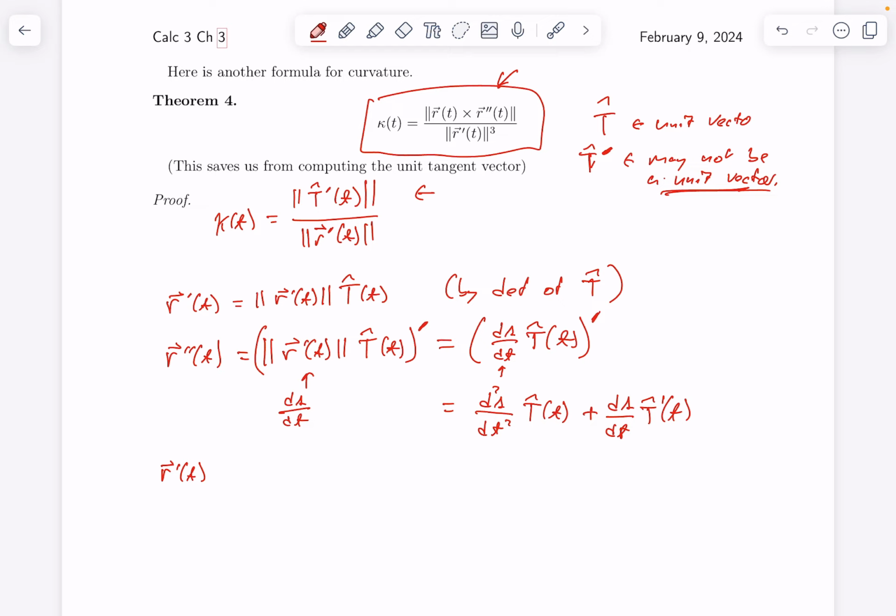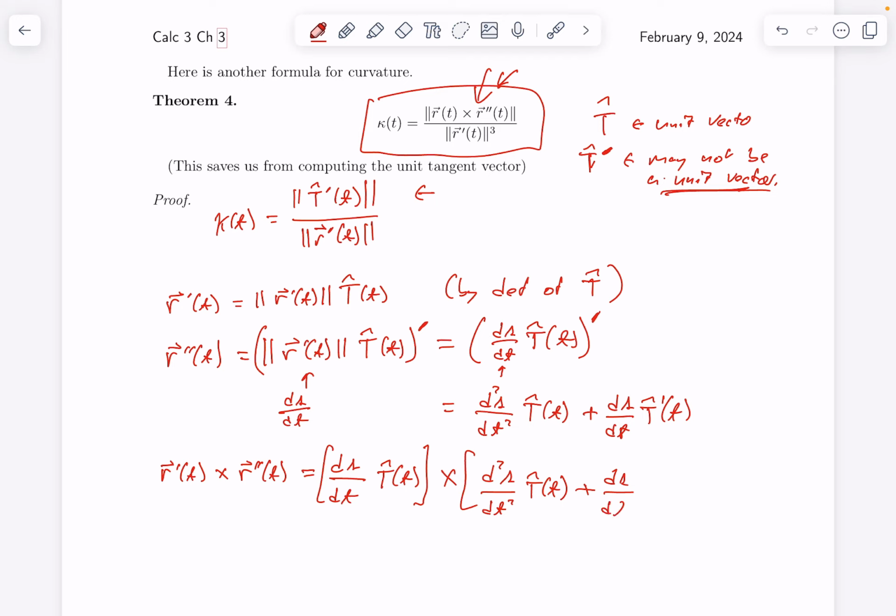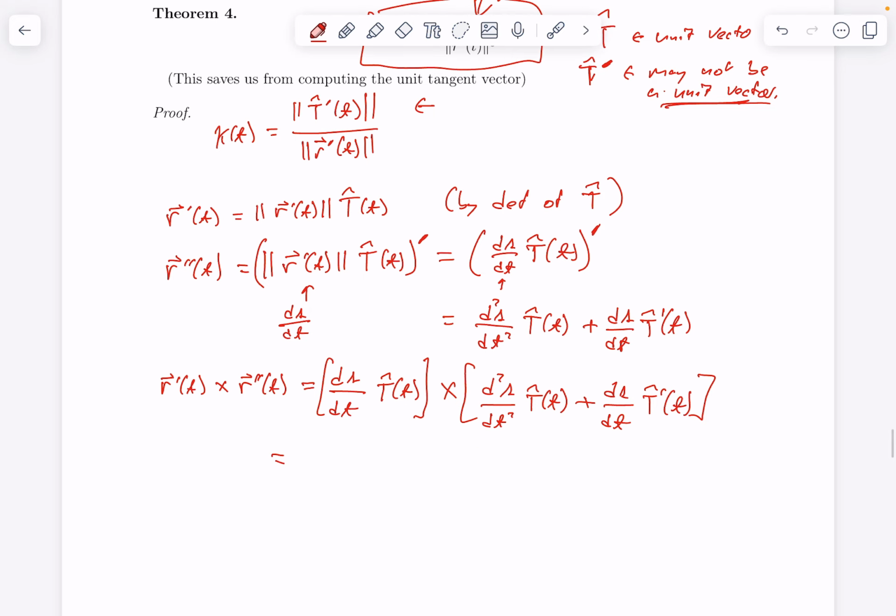If I take the cross product, I'm just looking at the top here, I'm going to get ds/dt times this crossed with my r double prime. So it distributes.